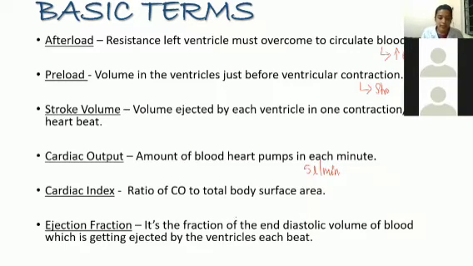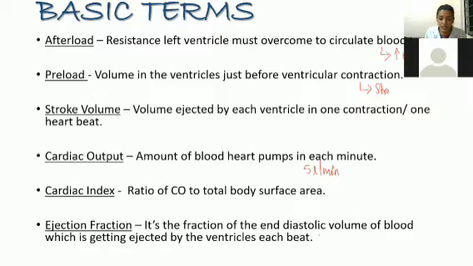And one more thing is the ejection fraction. It's the fraction of the end diastolic volume of blood which is ejected by the ventricles each beat. So with each beat, there is some fraction of the end diastolic volume of blood which is ejected. This is known as ejection fraction.